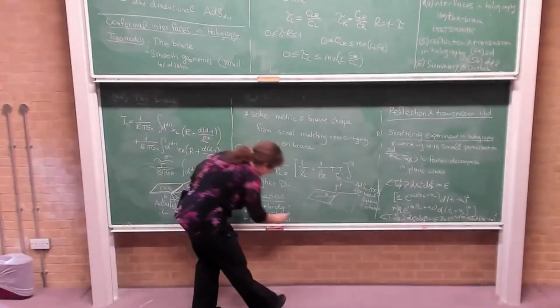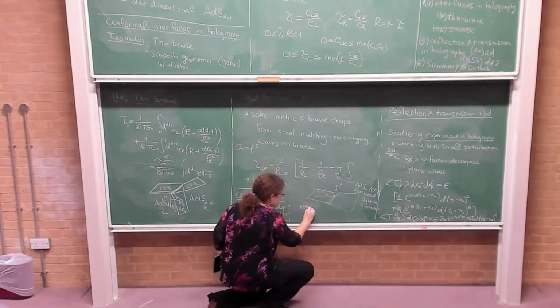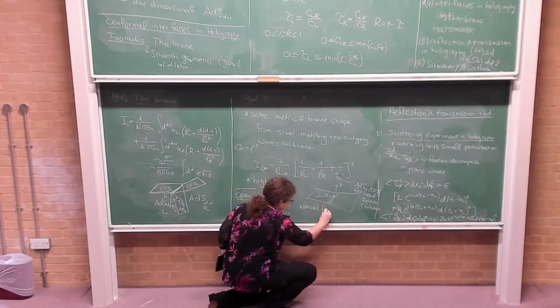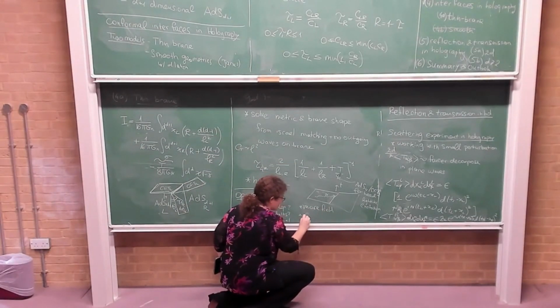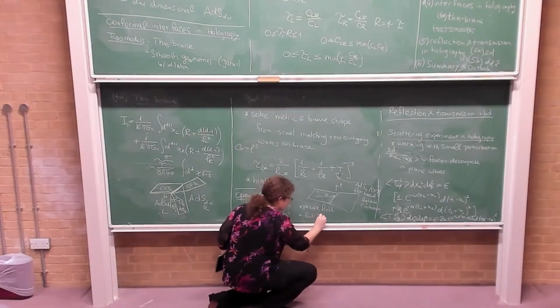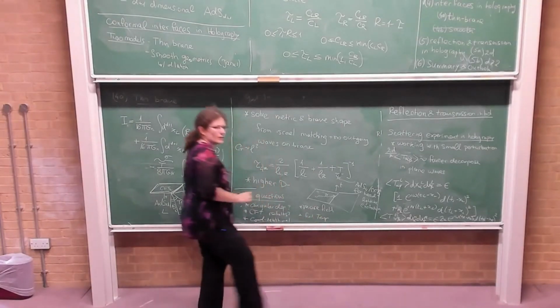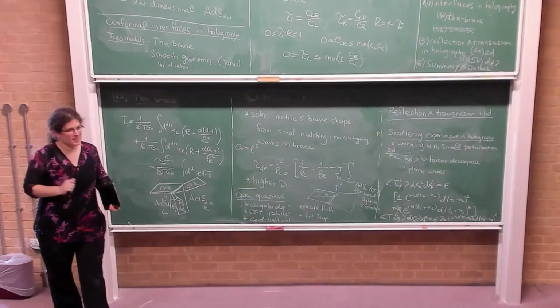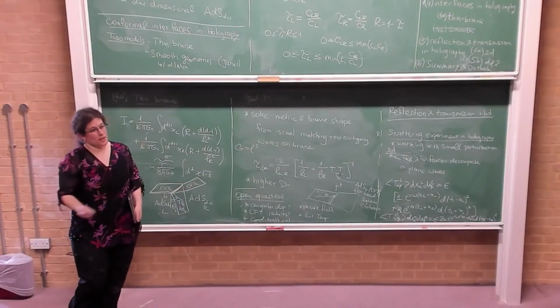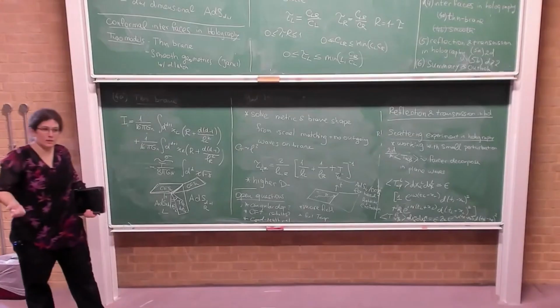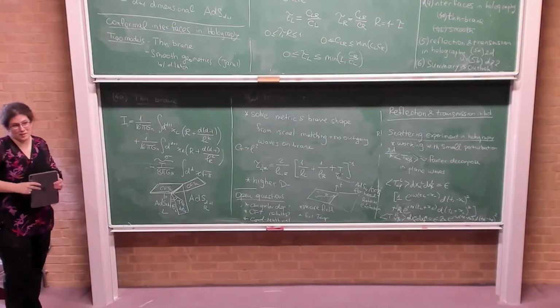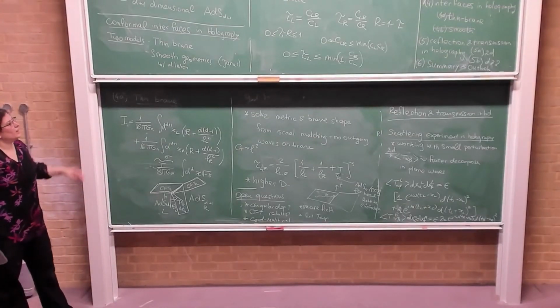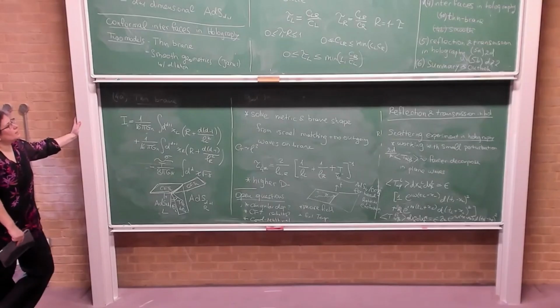We can add more fields. I don't know how for the scattering experiment. You could, I mean, you would have particles scattering as well. Not in 2D, though. You can't have it in 2D, right?